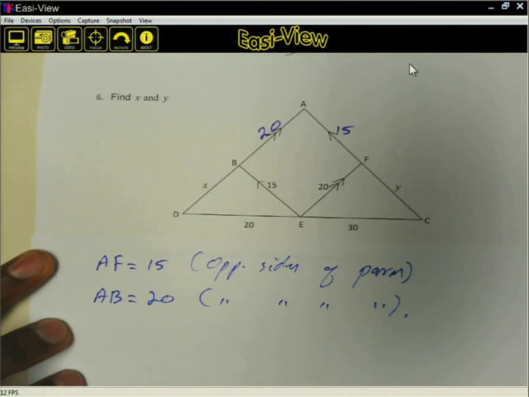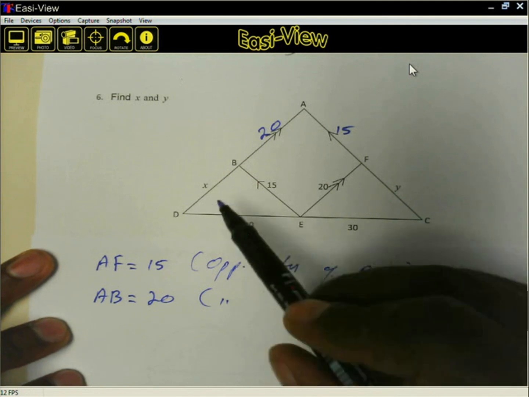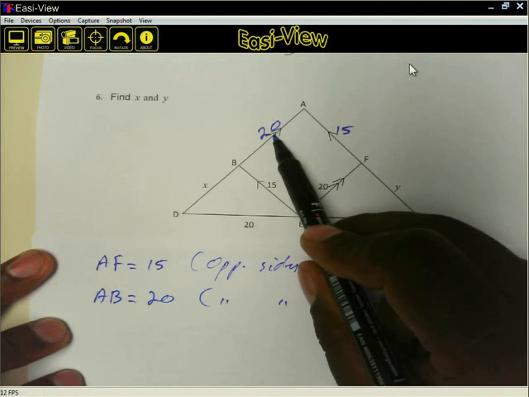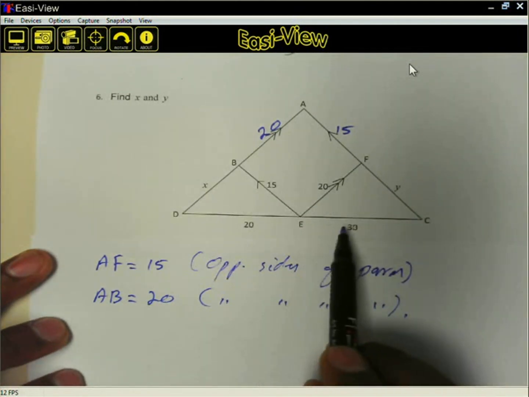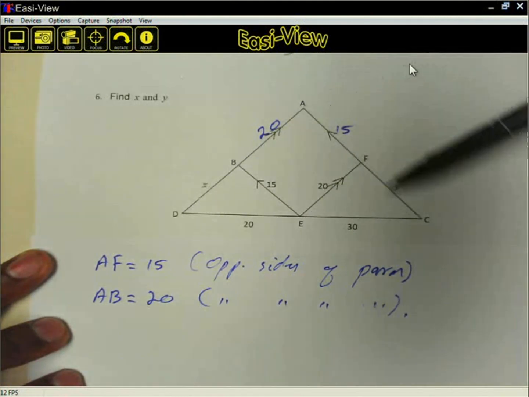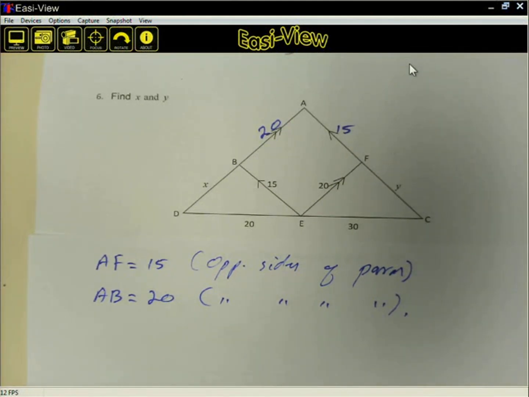Let's start by solving x. X over 20 is equal to 20 over 30. We have this line, BE, parallel to AC. A line parallel to a side of a triangle divides the other two sides so as to cut them in the same proportion.